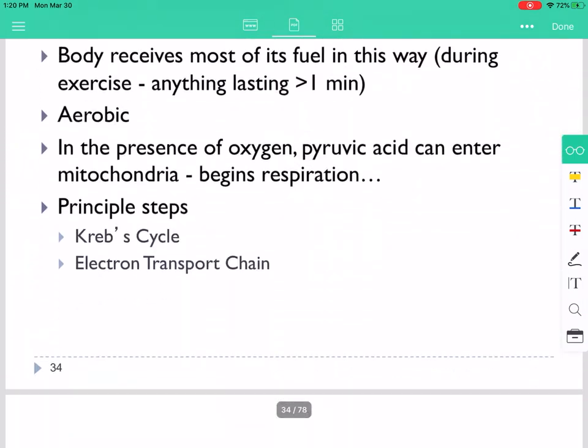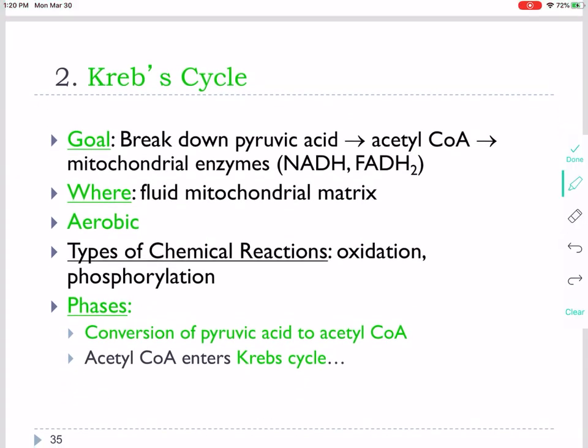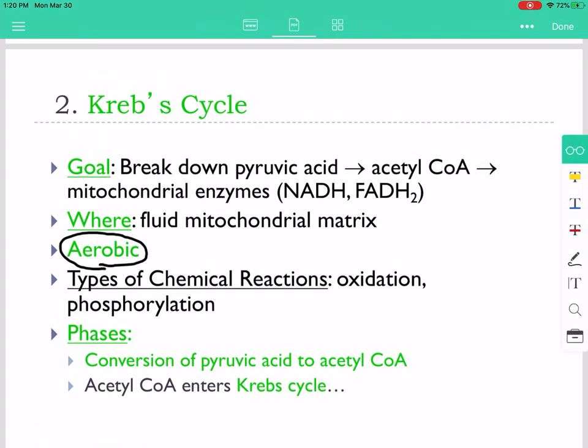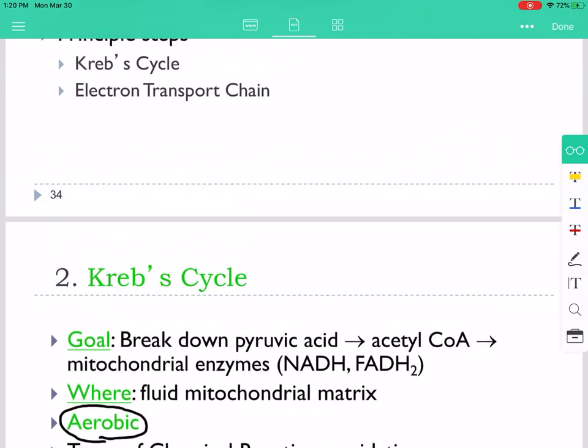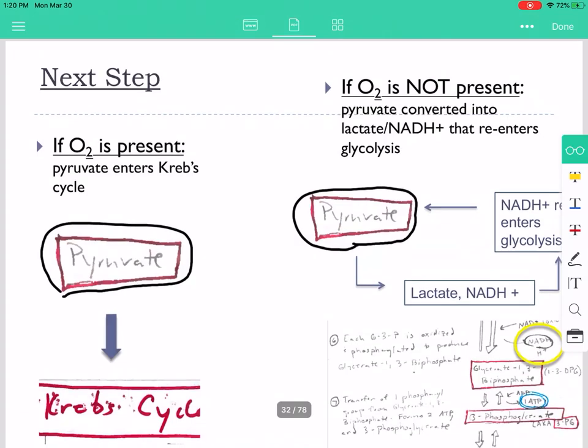The next step of cellular respiration is the Krebs cycle. And what do we notice about the Krebs cycle? It is aerobic. So in order for us to move from glycolysis into the Krebs cycle, we have to have oxygen.